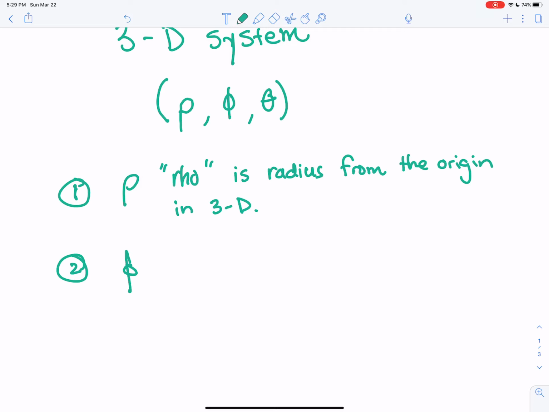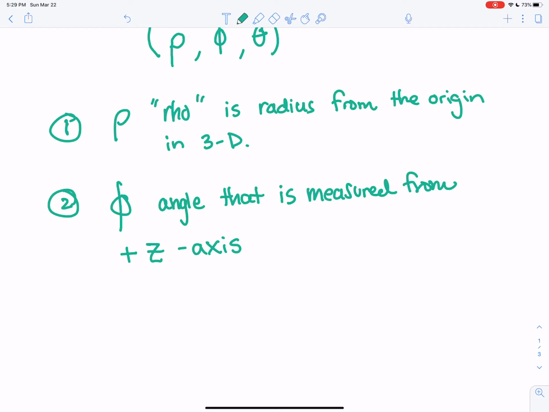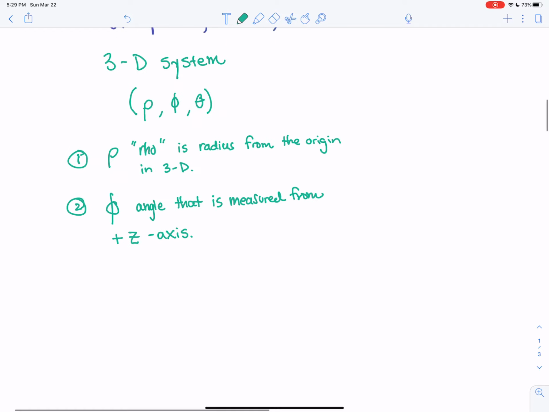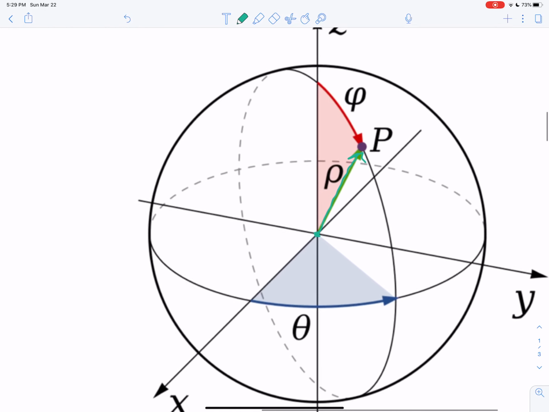Secondly, we have phi. And this is another Greek letter. And this is another angle. So phi is an angle that is measured from the positive z-axis. Right, so this is different. We haven't seen anything like this before. So phi actually measures not from where we're used to measuring, right?